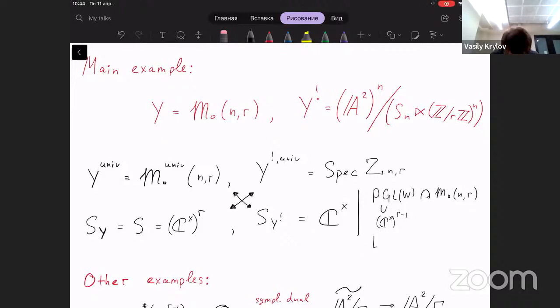And also we have an action of an additional C^×, which does the following. It multiplies X by t, Y by t inverse and doesn't change gamma and delta. And our torus S, let me also write it here, is the product of these two tori. So altogether we get (C^×)^r. And finally, this S_{Y!} is just C^×, which acts on A^2 by t, t inverse.